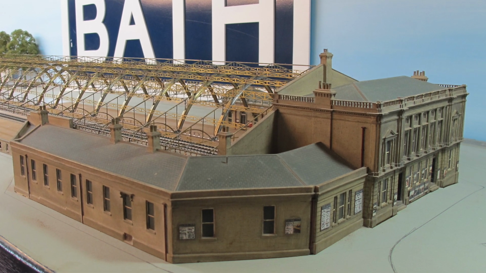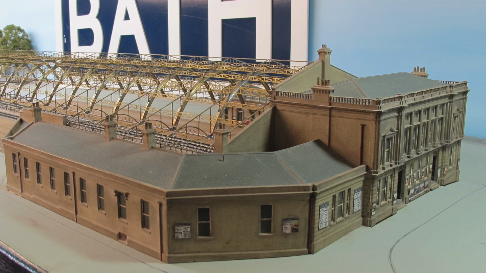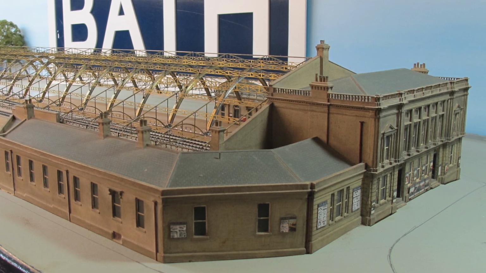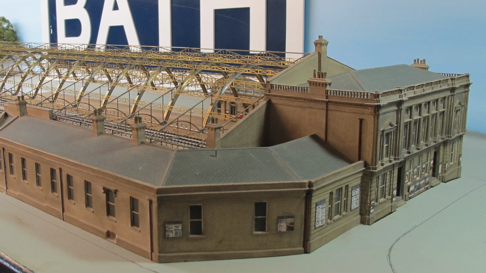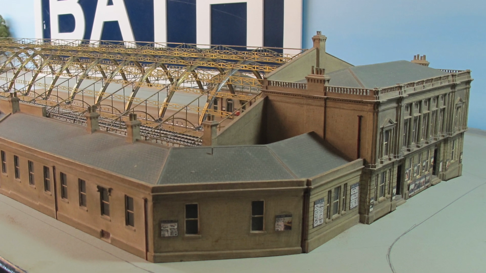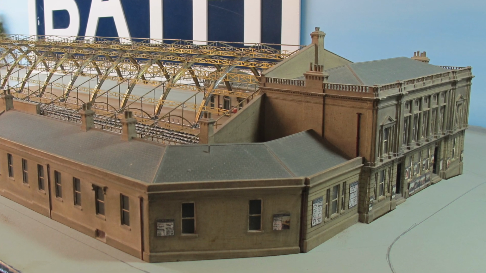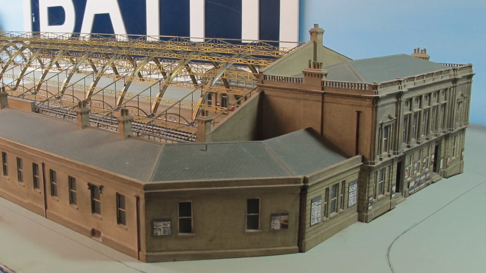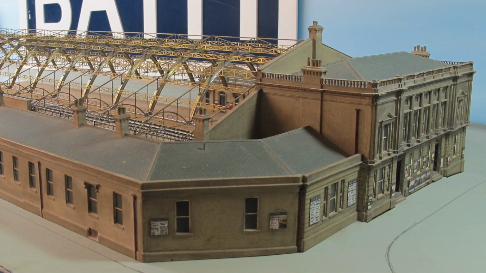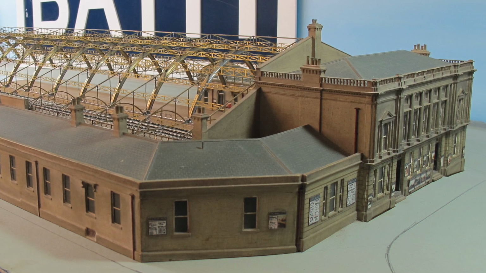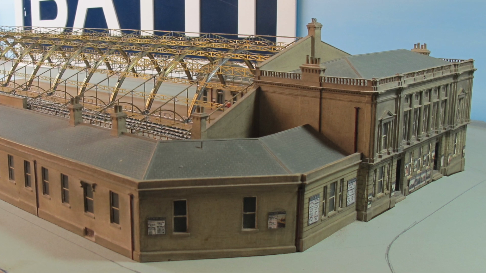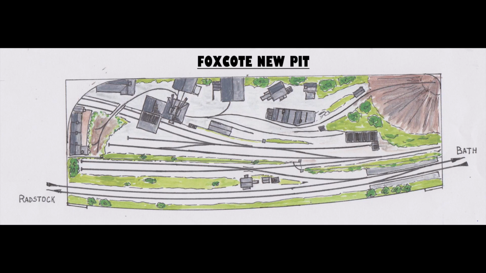But that's one way we can look at things, to model an actual prototype, and there's a huge amount of satisfaction to be had in that, in terms of research and trying to recreate a particular scene as closely as we can. And it's incredibly rewarding, particularly when pictures or information for things that you've been hunting for ages suddenly crop up.